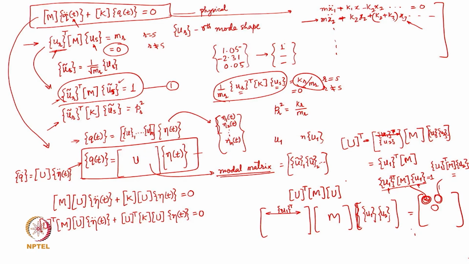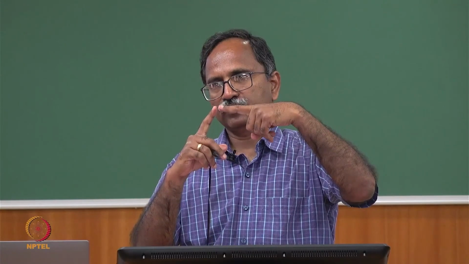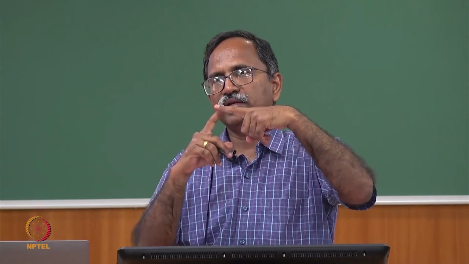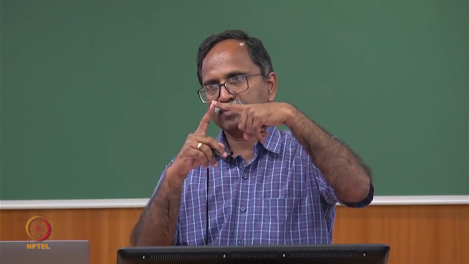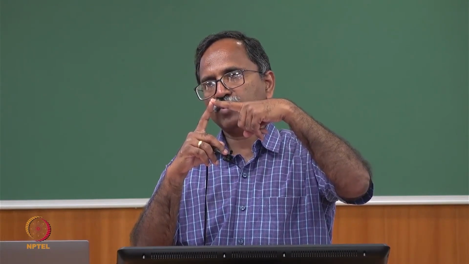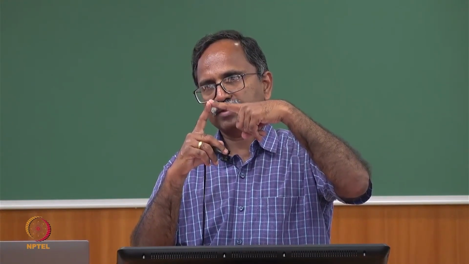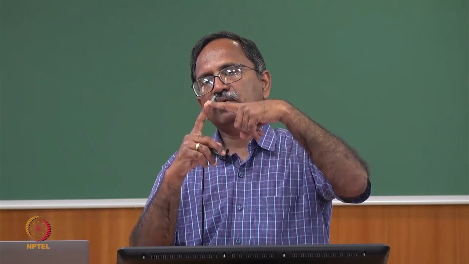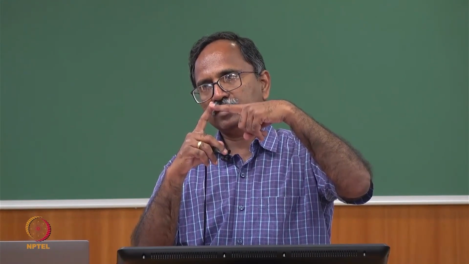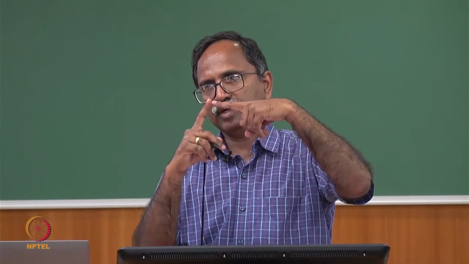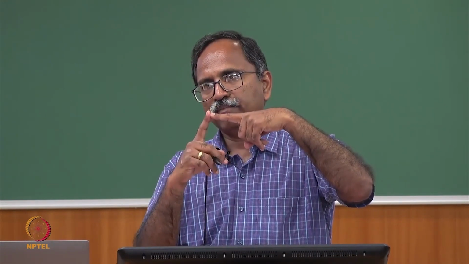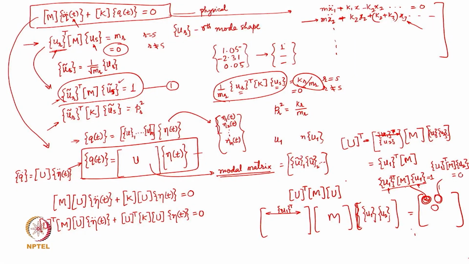So, when you have two orthogonal vectors, modal vector 1 and modal vector 2, this orthogonality is like a dot product of two vectors. When they are at 90 degrees, their dot product will be 0, if you are talking of two different, independent vectors. So U1 transpose M multiplied by U2 is going to be 0, but if you use the same vector, their product is not going to be 0.